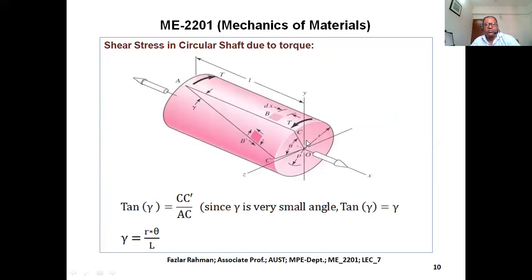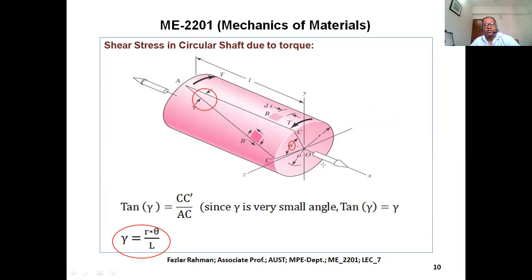If you look at this figure, theta is the angular deformation. That's the theta value we need to figure out. And we already described this one, the gamma, this shear strain, equal to r theta by L.